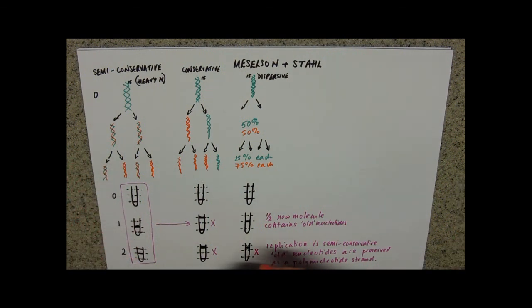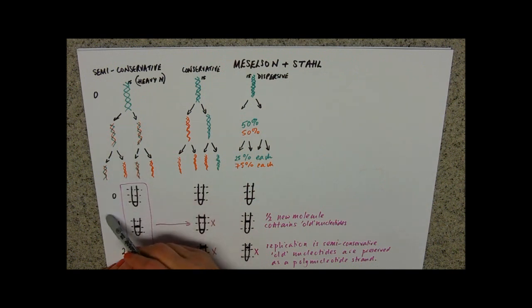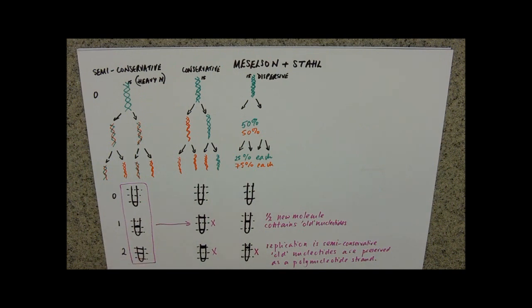So they could say, in the next generation, where will the lines be? Clearly, in the next generation, you're still going to have that band in the middle. That band in the middle are these hybrid ones where the old heavy nucleotides are preserved. So every time you split one of these hybrid molecules, you're going to get another one, and you're going to get more and more of these. So this band at the top will get thicker and thicker and thicker. So you might be asked to do that.